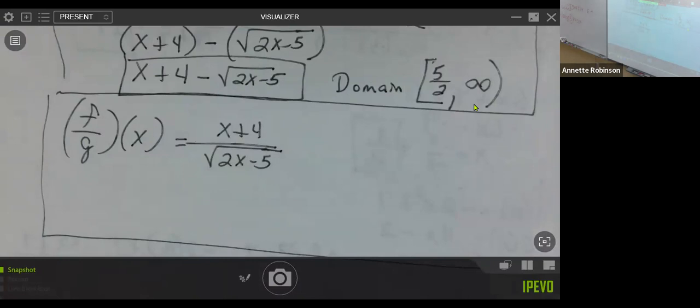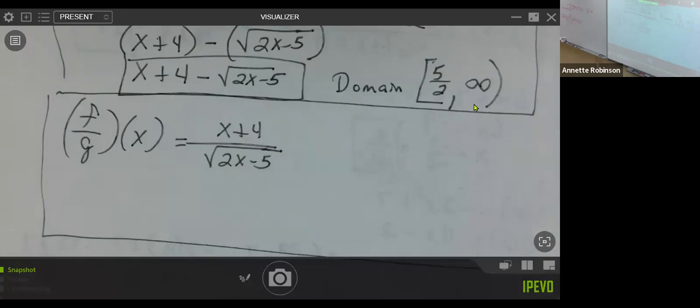Now, you said the square root is greater than or equal to 0, so I can take the square root of 0. But if I take the square root of 0 and it's underneath the fraction, guess what? I can't have a fraction with a denominator of 0. The answer we just put has one little trick.